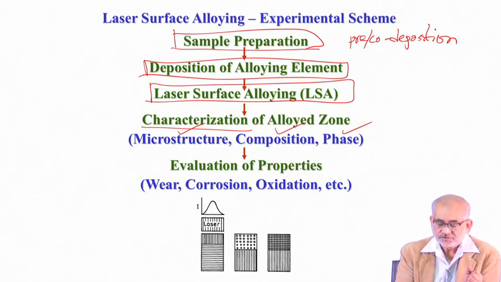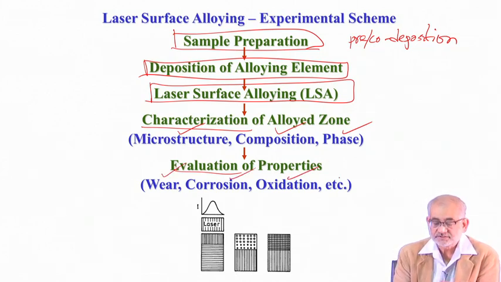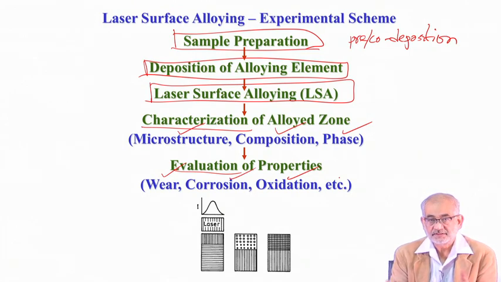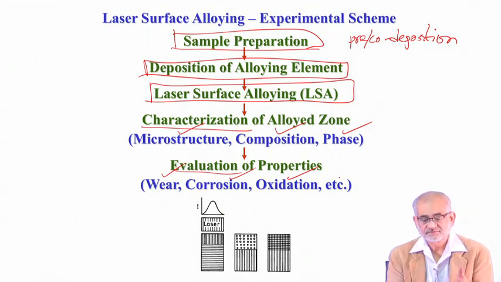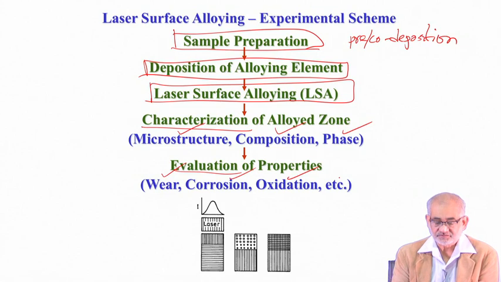Subsequently, we also evaluate the properties of interest, which could be hardness, friction coefficient, wear, corrosion, oxidation, reflectivity or surface roughness, whatever we are interested in.